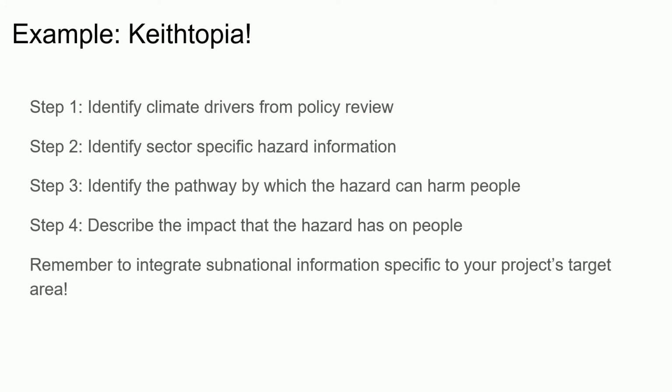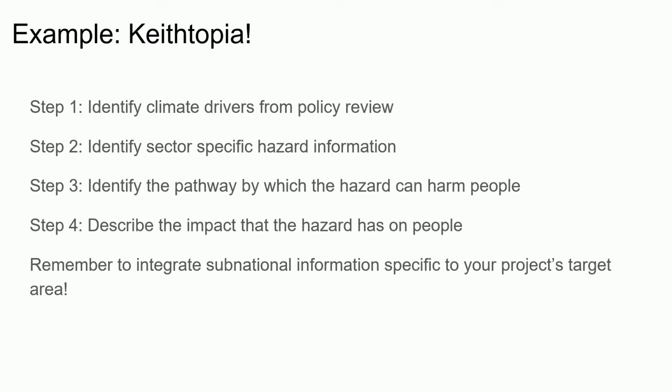So step 2, we identify the sector-specific hazards. These are the ways that the physical processes are going to cause harm to the agriculture sector. We describe how the physical processes create the conditions that can lead to harm for people, places, and things, and we're focusing on the sector that our project will address. In our example, since we're focusing on the agriculture sector, we'll look at impacts for the agriculture sector.